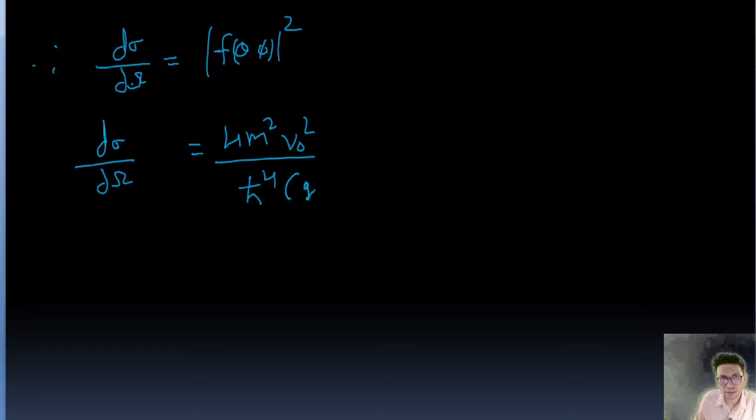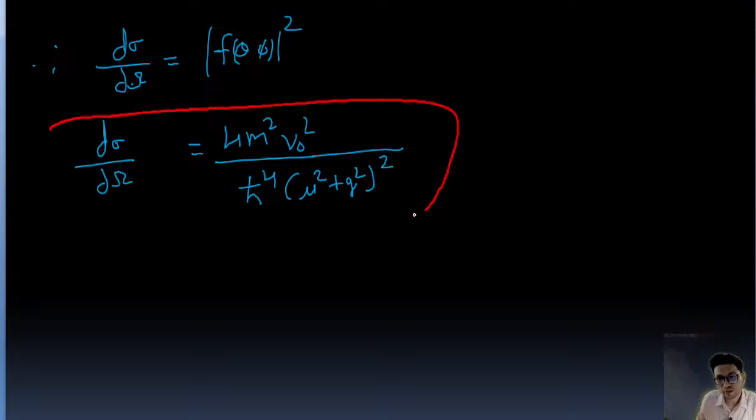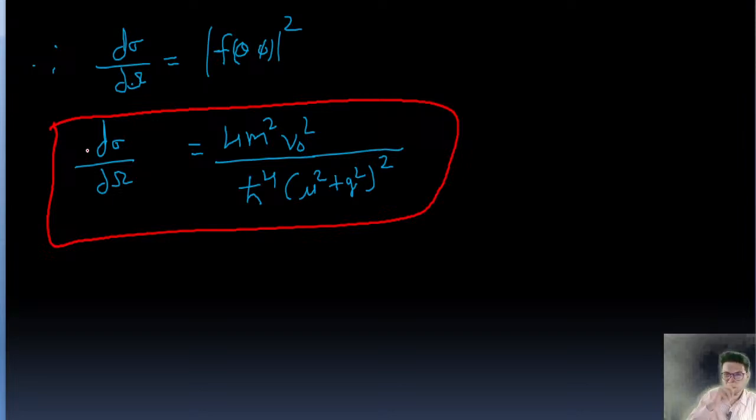So d sigma upon d omega is 4 m square v naught square upon h cut to the power 4, mu square plus q square whole square.